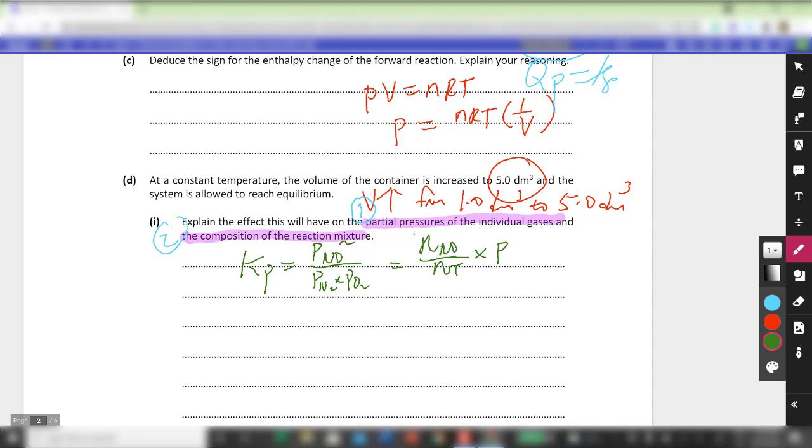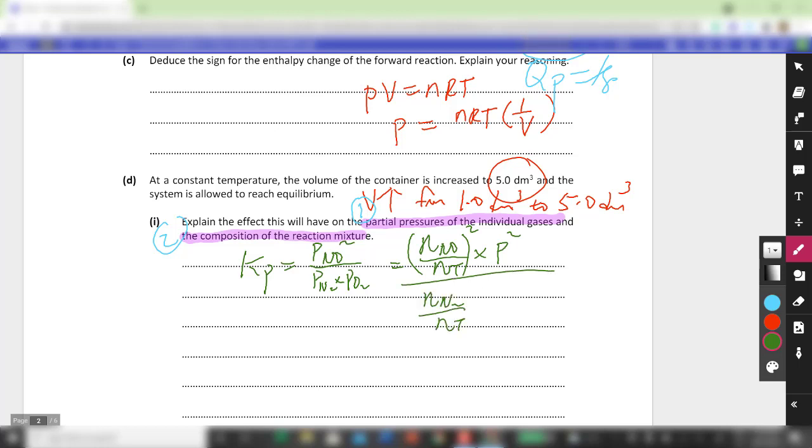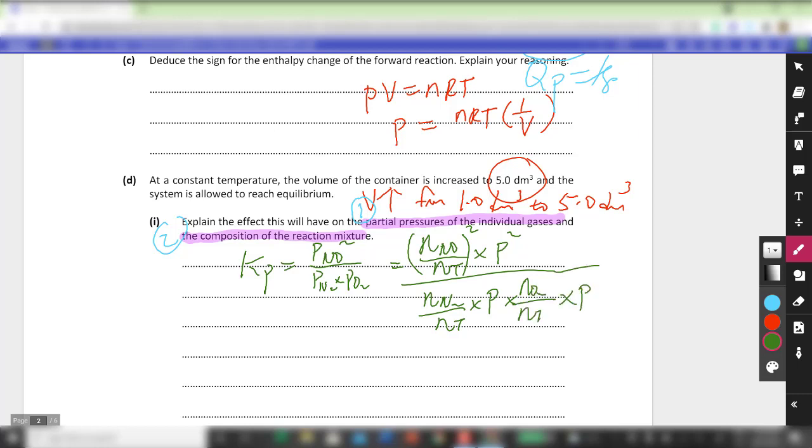You'll notice that this term will be squared, and the total pressure will be squared as well. This is divided by the number of moles of N2 over the total number of moles, multiplied by the total pressure, multiplied by the number of moles of O2 divided by the total number of moles, multiplied by the total pressure, which is P. From here you realize that the pressure term actually gets cancelled out.